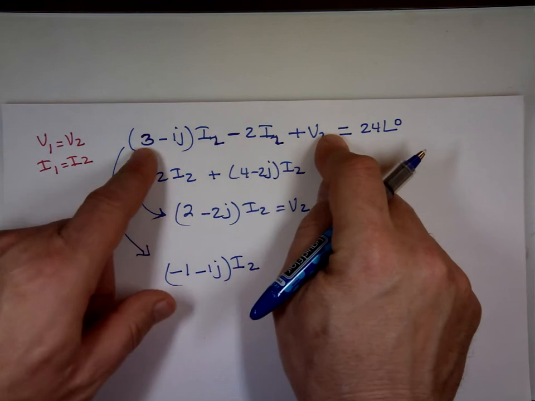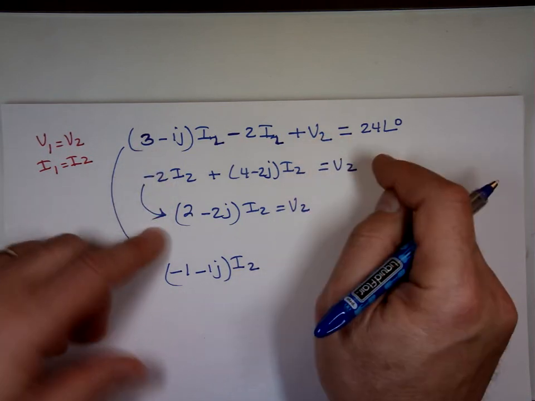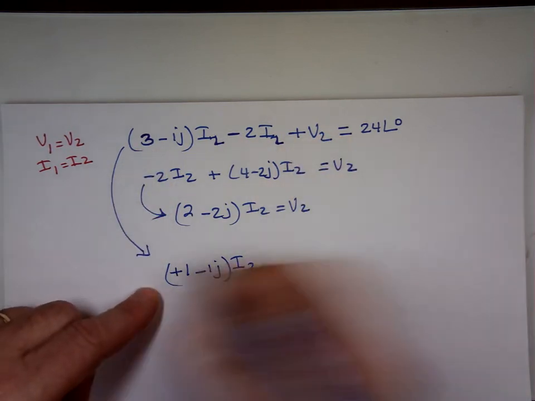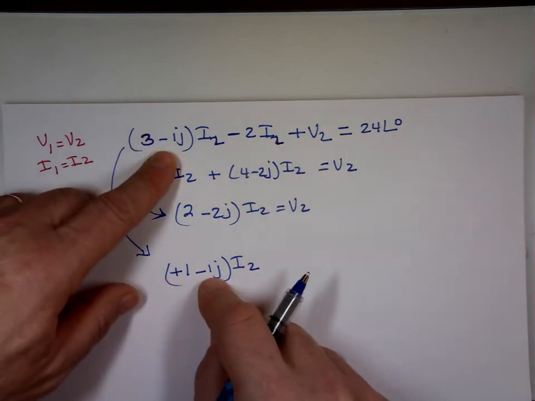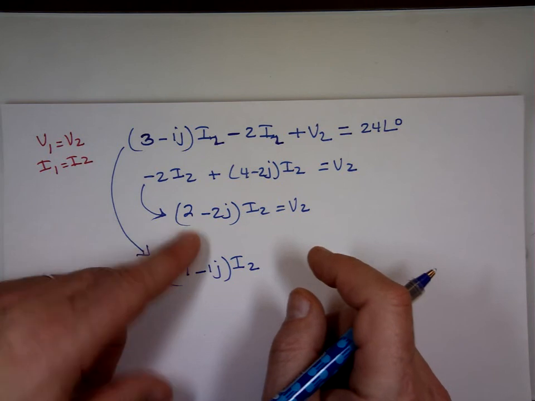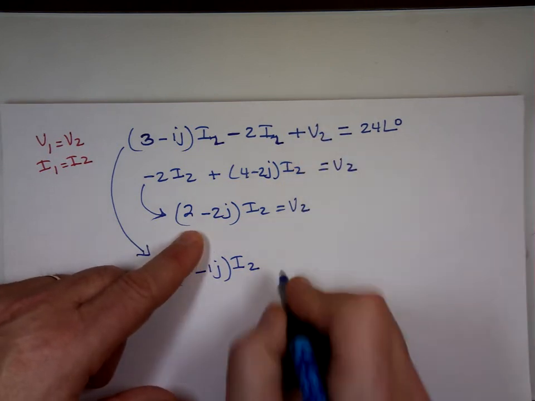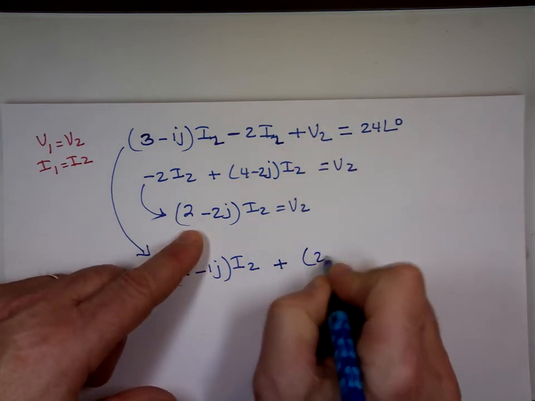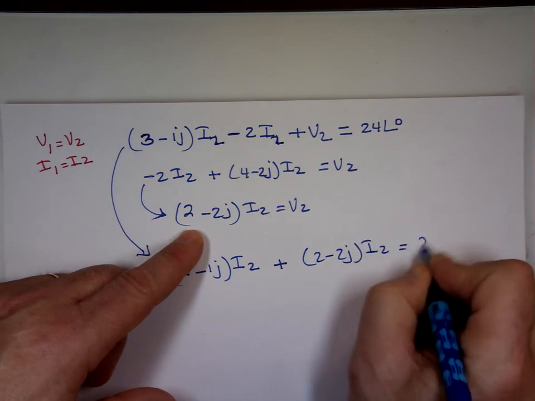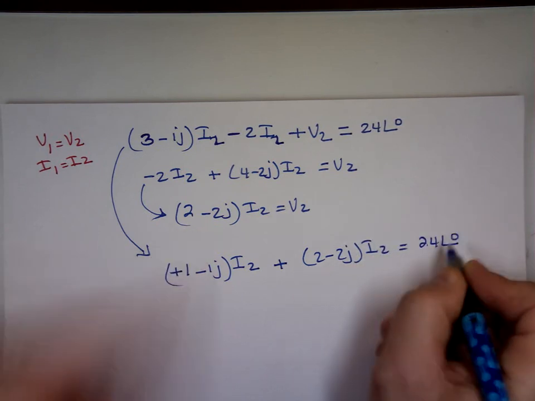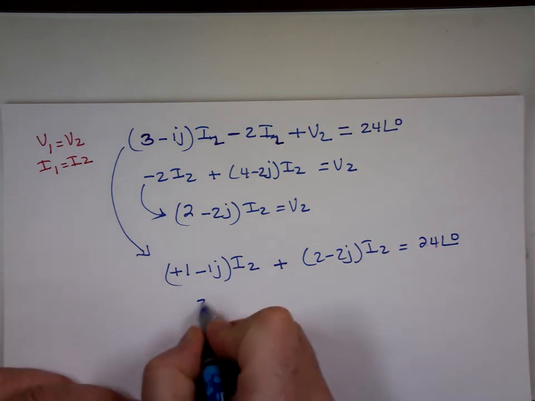So it's positive 1 minus negative 1? Yep. Minus 2 plus 3 is plus 1, minus 1j. Now, let's add to it V2, which is 2 minus 2j I sub 2, equals 24 angle 0. 2 and 1, that's 3. Is that a minus 3j?